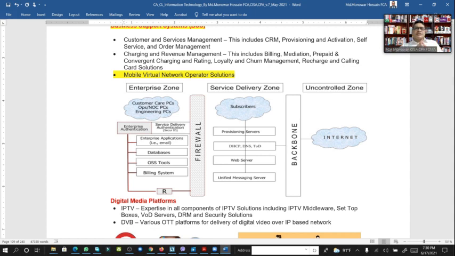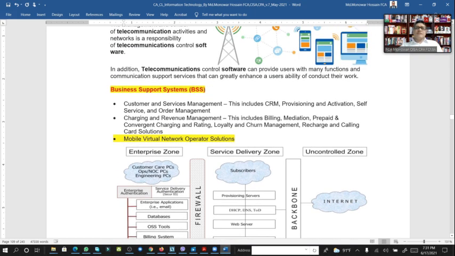Here, customer care or a PC within the organization uses different types of layers: enterprise authentication, enterprise application, database, OSS tools, and billing system within the organization, and a firewall protects that data from virus attacks and other things. In the service delivery zone, if we subscribe, there are DNS, DHCP, web server, etc. This goes to the backbone of the organization's architecture, and through the internet, the business support system works.